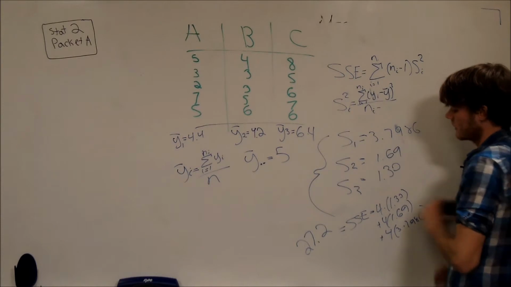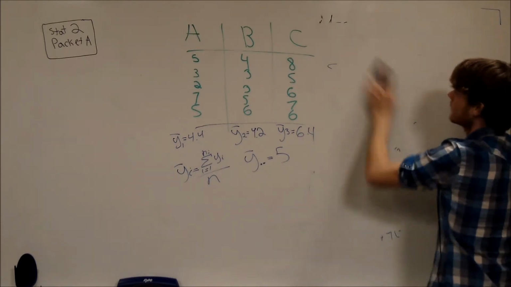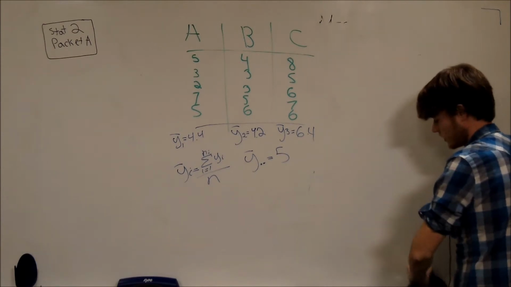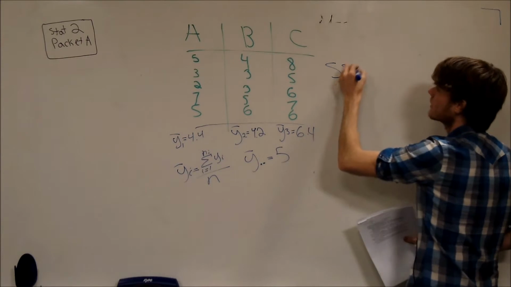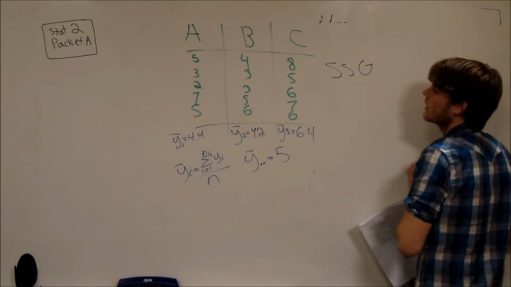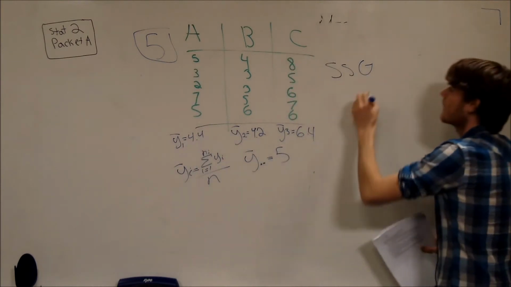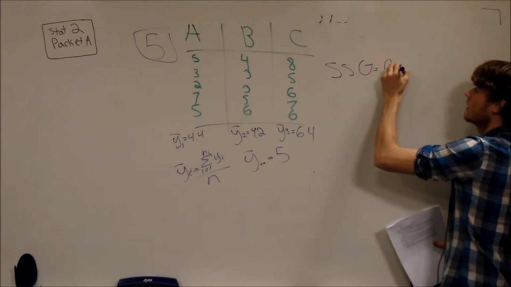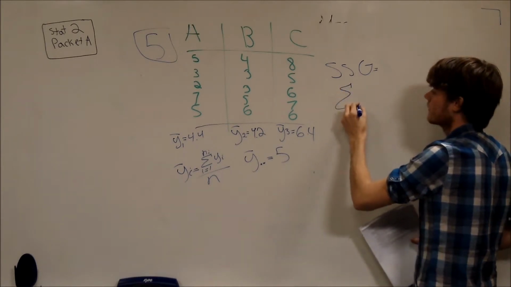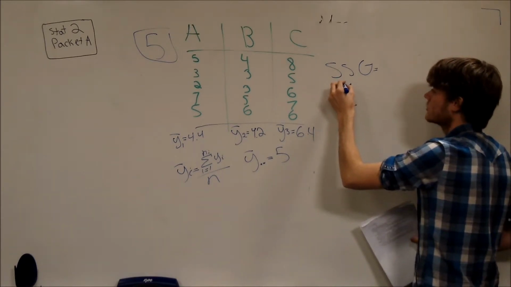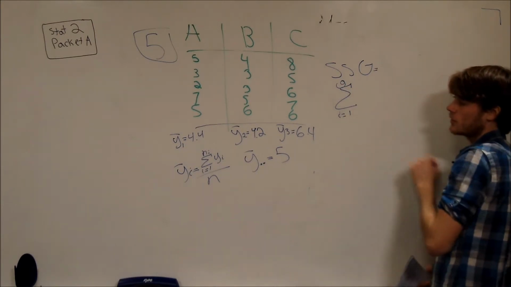So we found SSE. Now we're going to find SSG. This is question 5, by the way. SSG equals the sum, i equals 1 to G, so the number of groups, so there are going to be three things to add up.